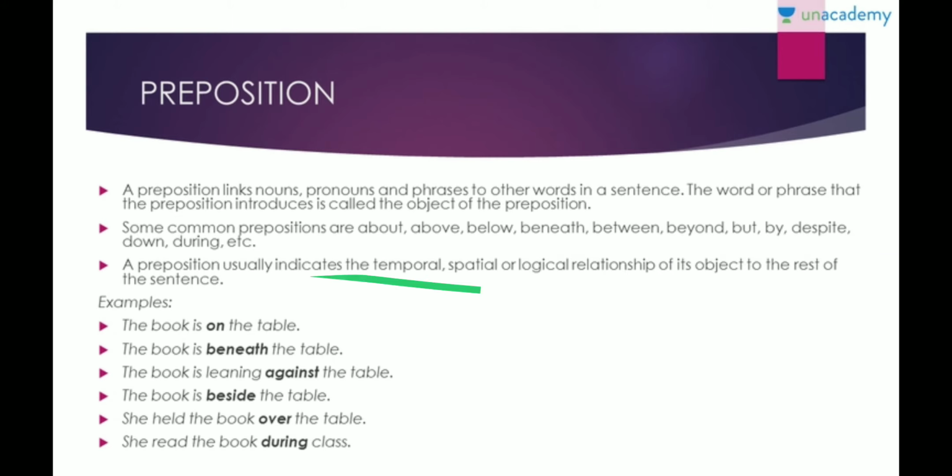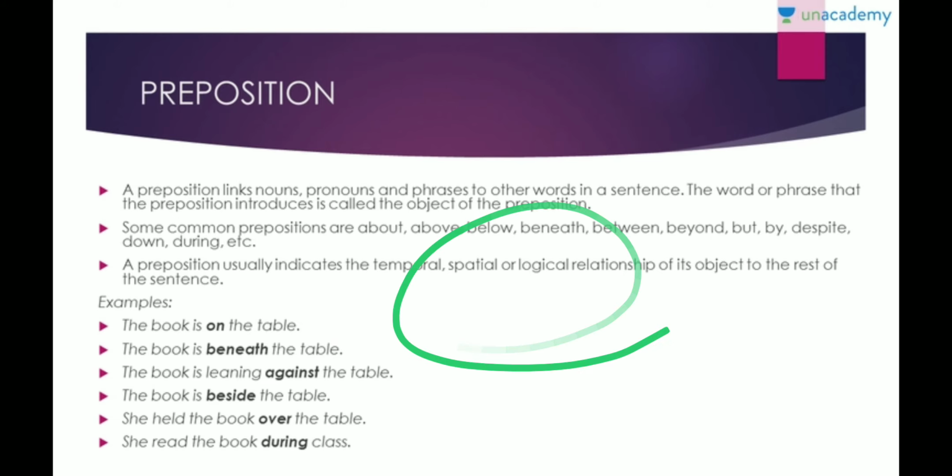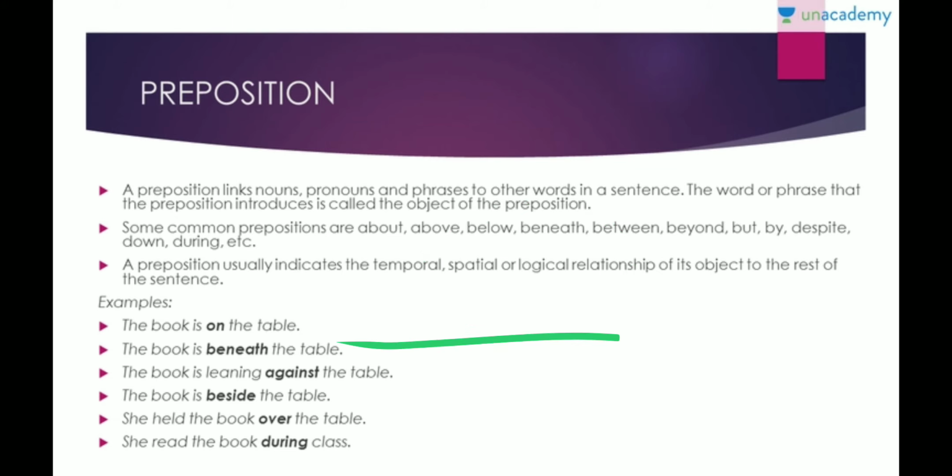A preposition usually indicates a temporal, spatial, or logical relation of its object. For example, the book is on the table. It relates the book and the table and explains the spatial relationship, where it is. The book is beneath the table.